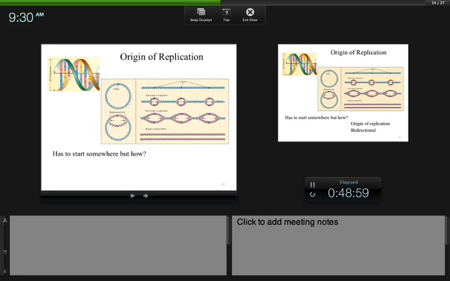One argument for why I really don't think unidirectional works: if this is my origin, and I only replicate in this direction, what happens? Do I ever replicate this section? Nope. So you might be thinking, how does it process that?